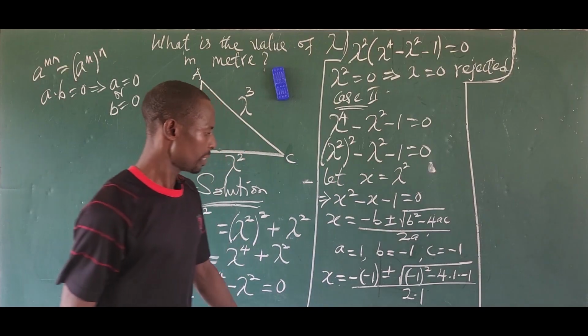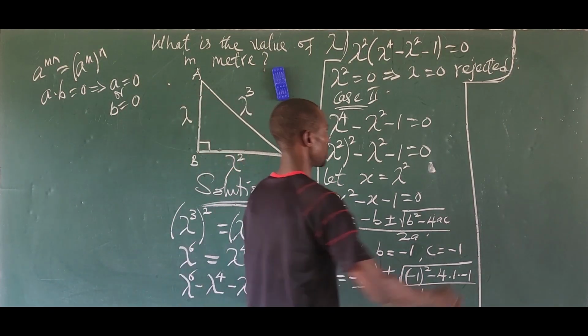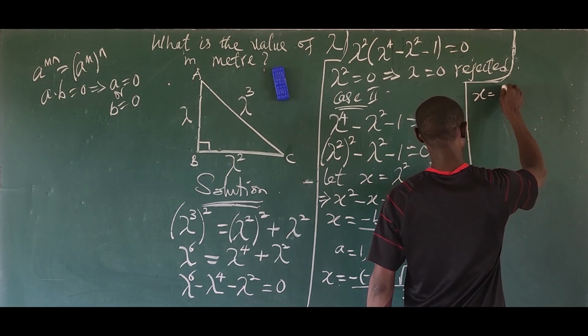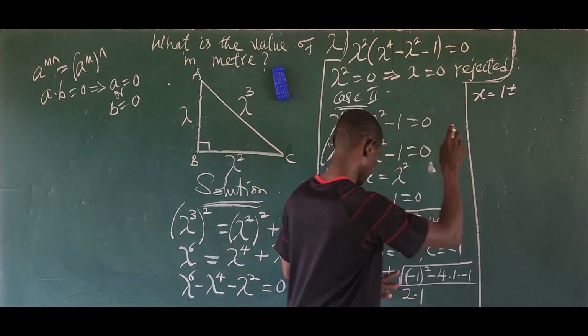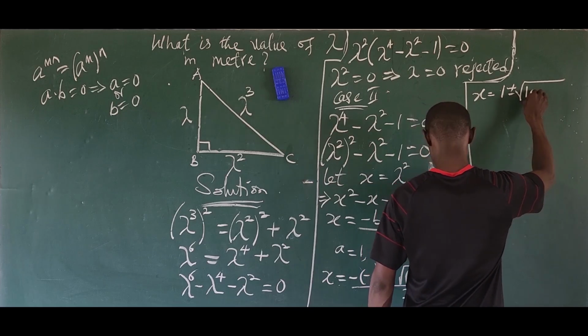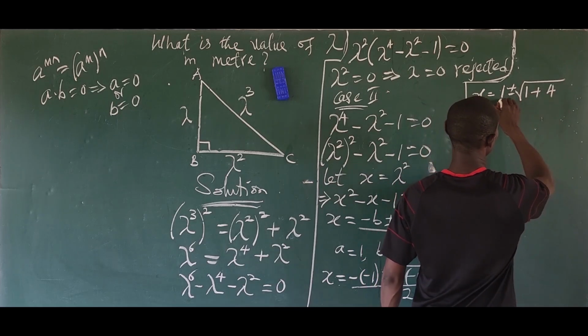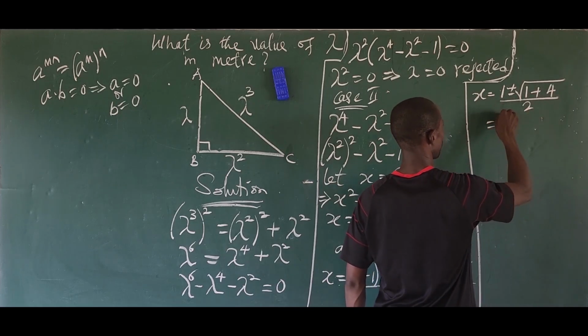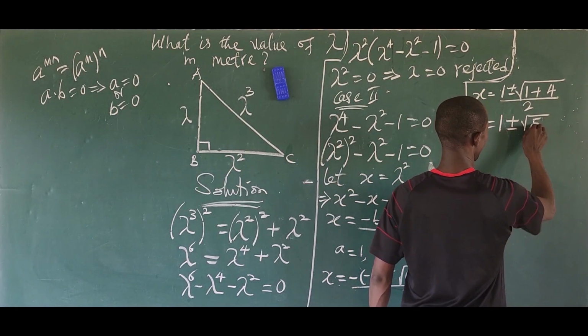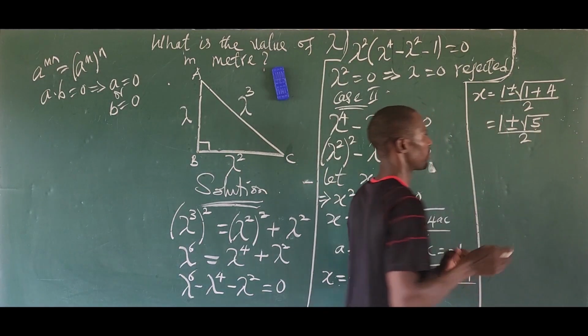All right, now let's look at this. Let's open up this. This is going to give us our x equal to 1 plus minus here, the square root of our 1 there, plus our 4 all over 2, which is equals to 1 plus minus the square root of our 5 all over 2.